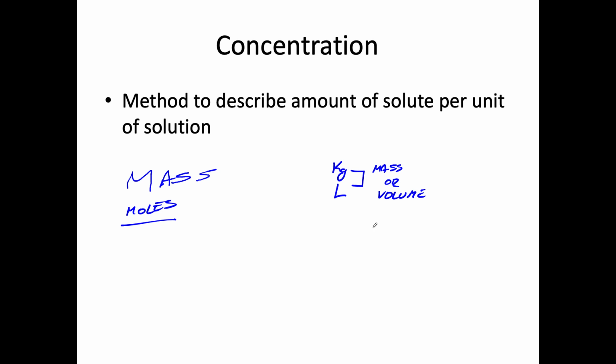And not only solution, but also solvent. So it could be either one. It could be kilogram of solvent, liter of solvent, liter of solution or kilogram of solution. And we'll tell you which ones we're going to look at. So this is how we describe how much solute we're going to have in this solution.